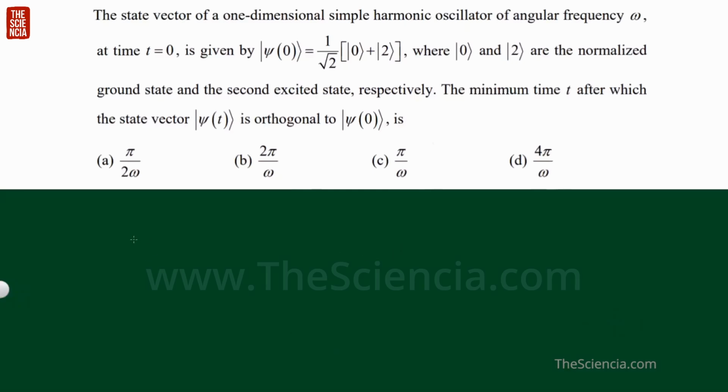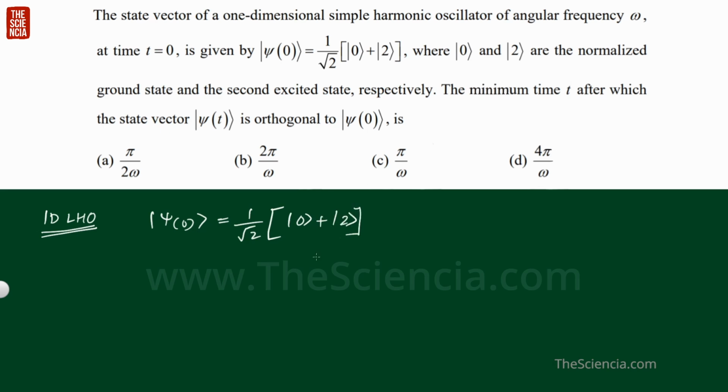This is a problem related to the 1D linear harmonic oscillator. Here what is the question? The state vector of a SHO is given, that is psi of 0, at time t equal to 0, is equal to 1 by root 2 into ket 0 plus ket 2.